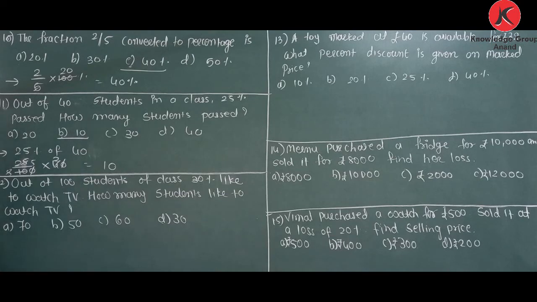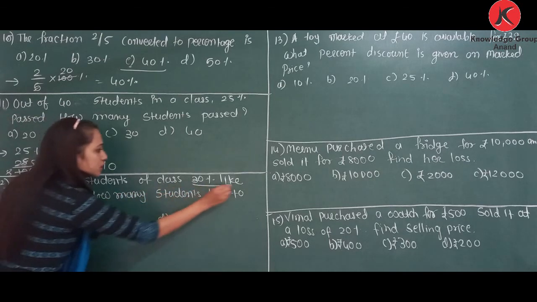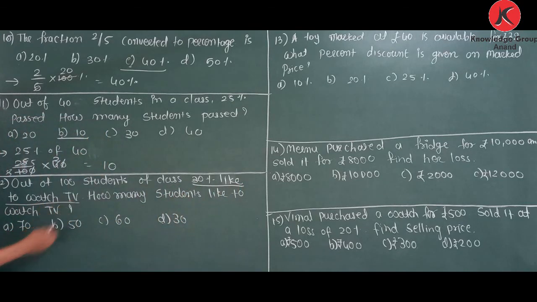Now next, out of 100 students of a class, 30% like to watch TV. How many students like to watch TV? It means 30% of students, and how many students do we have? 30% of 100. If we take this out, we will get the answer.